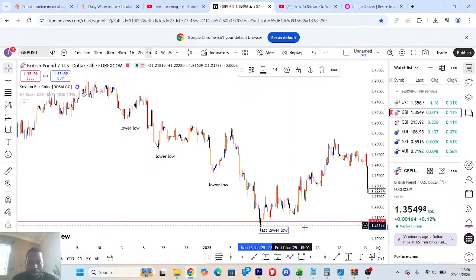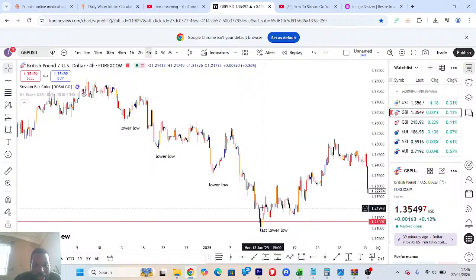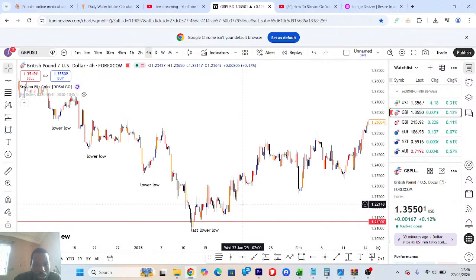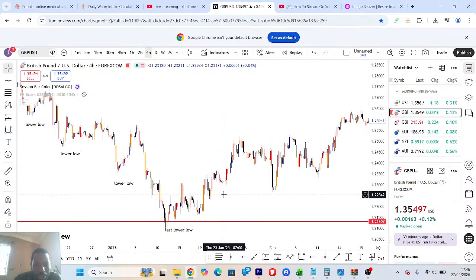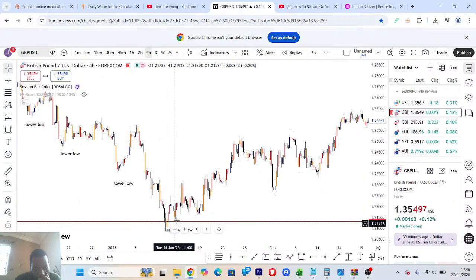So right now, you can see that market actually, what did it do? This is the lower low, so this is the last. If you look at it, it didn't come down to break this lower low anymore.